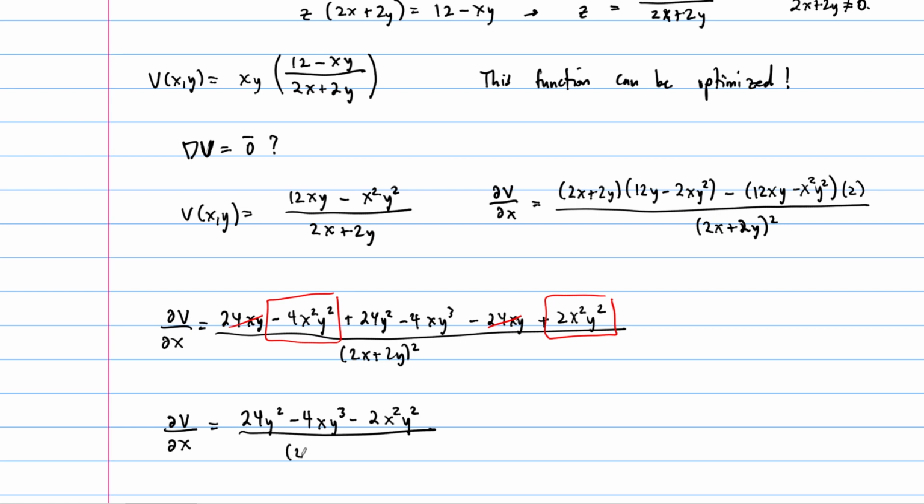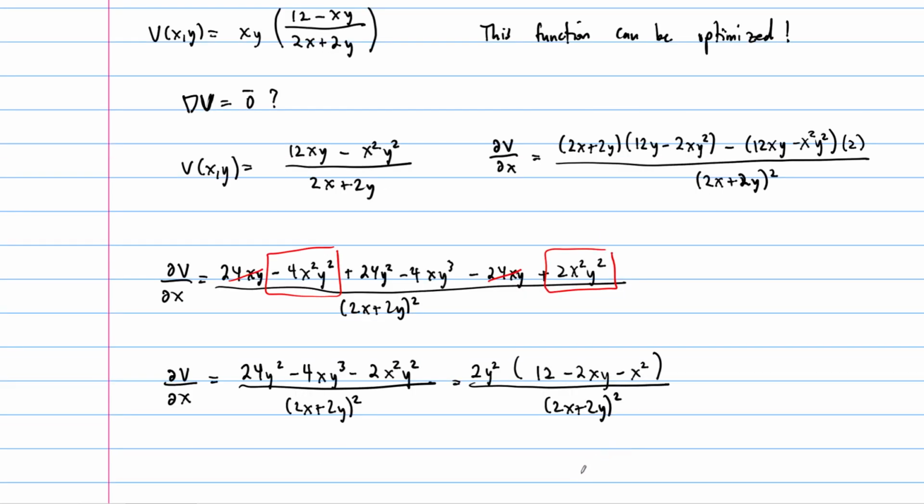Again, all over the bottom, (2x plus 2y) quantity squared. And then we see we can take out a y squared from all this, right? Actually, we can take out 2y squared, and we're left with 12 minus 2xy minus just plain x squared. And this is all over (2x plus 2y) quantity squared.